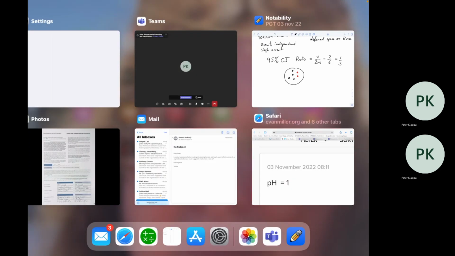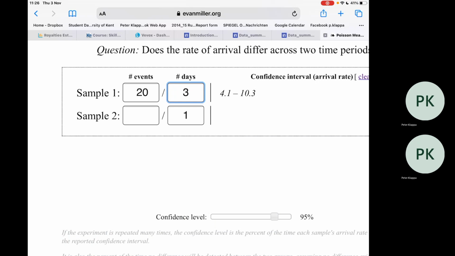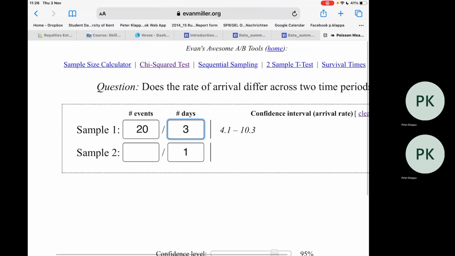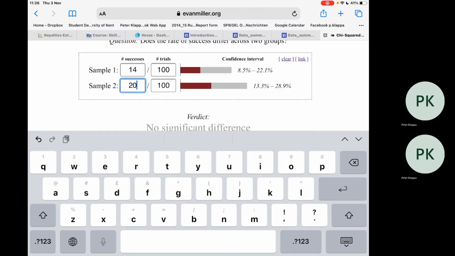Again, we use our calculator, but this time we use a different one, because this is a distribution that follows a chi-square distribution, which is another distribution. So you want to click on the chi-square tab here.